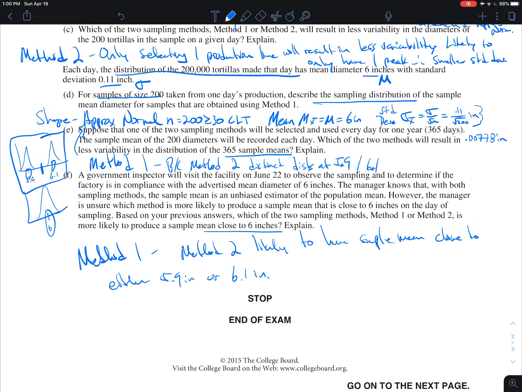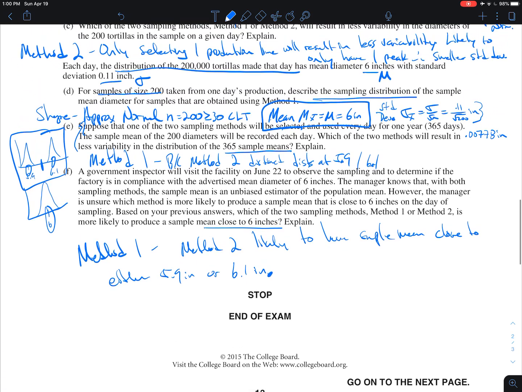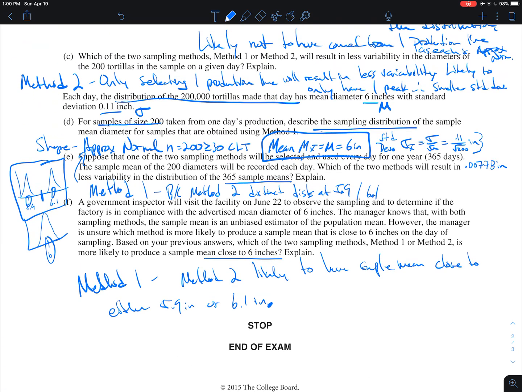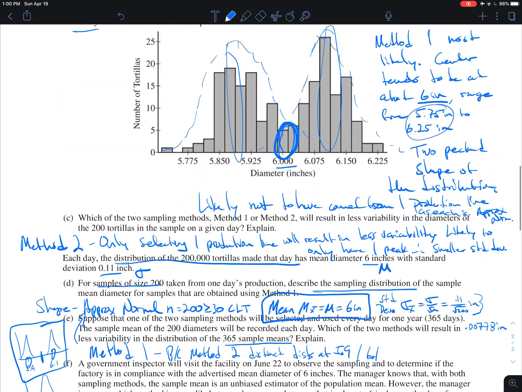And we've stated a number of times already that method 1, as we said specifically in part D, the mean is going to be close to 6 inches. And that would have been the end of the exam there for 2015.